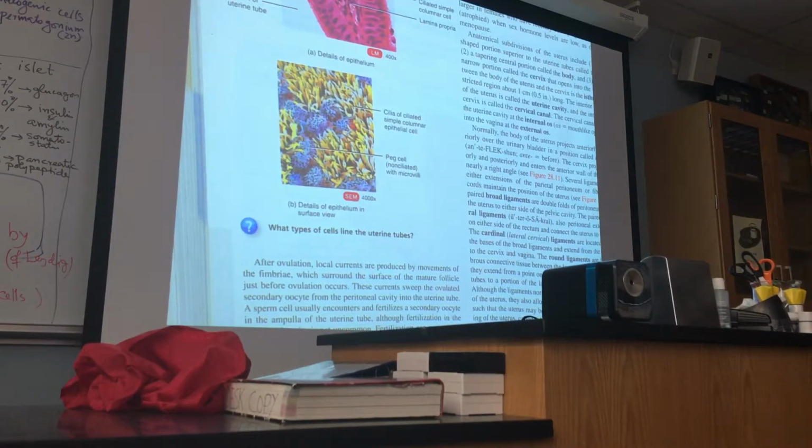They produce ciliary movement by means of which the fertilized egg, the developing embryo, is driven toward the uterus for implantation. Okay? That's why those cilia are present. These cilia, ciliated epithelium, ciliated simple columnar cells.